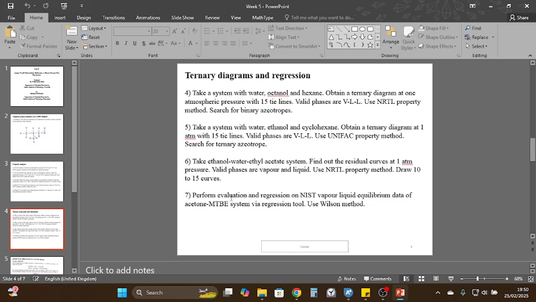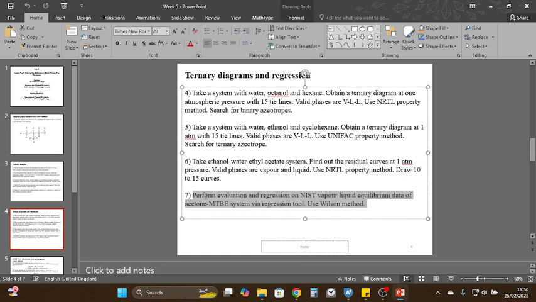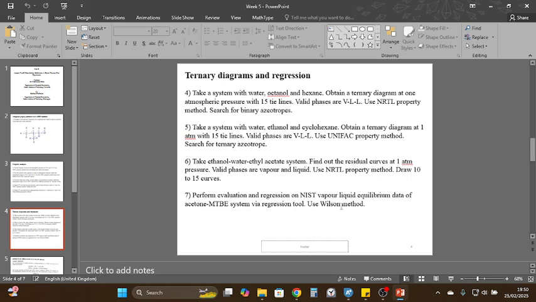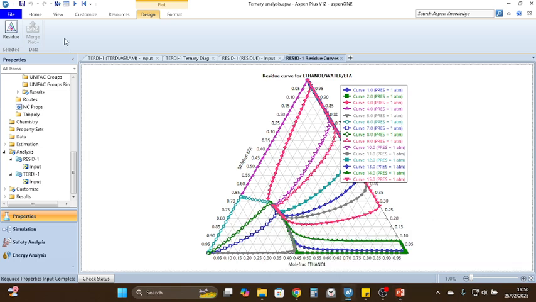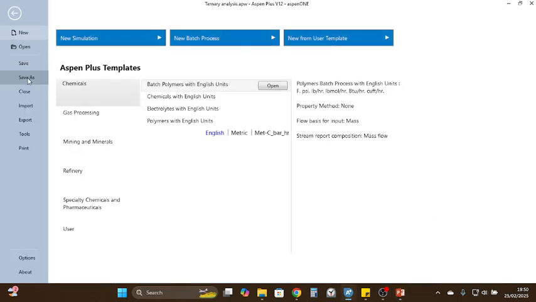We have to perform evaluation and regression on NIST vapor liquid equilibrium data of the acetone MTBE system via the regression tool, and we have to use the Wilson method. We have done multiple problems on regression, so this is the last problem that I'm going to discuss on regression for this course. It shows the utility of why regression is needed and why it is beneficial.